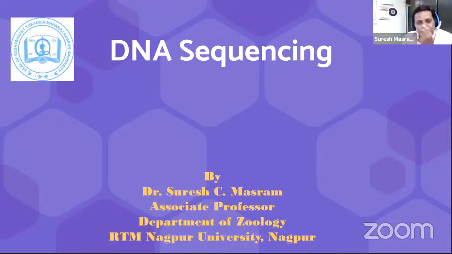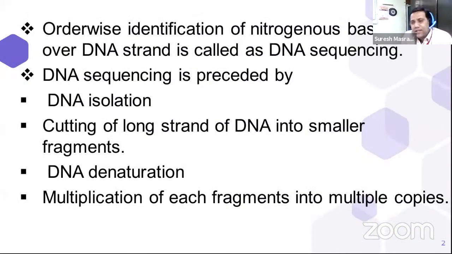Thus, today we are going to discuss something about DNA sequencing. Myself, Dr. Suresh Masram, Associate Professor, PGTD, Nagpur University, Nagpur. Now, DNA sequencing is to know the order of arrangement of different nucleotides along the phosphate and sugar ribose backbone, from either 3 prime or 5 prime.